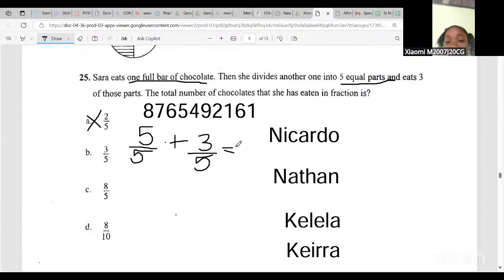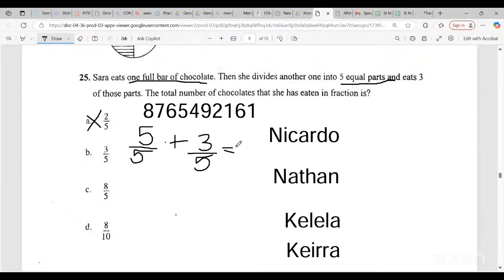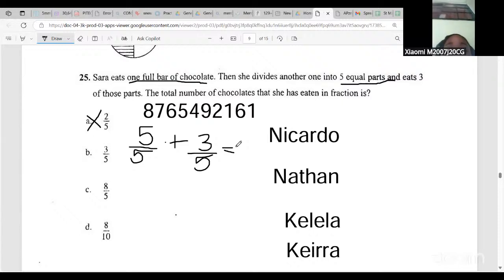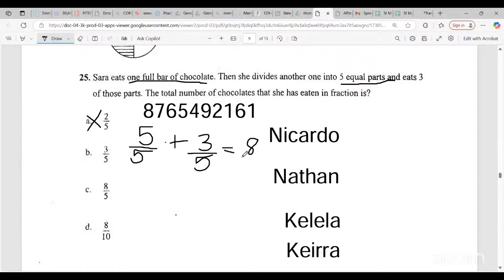To find the total amount of chocolate Sarah ate, we add the fractions. We need a common denominator, which is 5. We rewrite 1 as 5/5, and then I add 5/5 plus 3/5 and I got 8/5. Yeah, I agree with that.